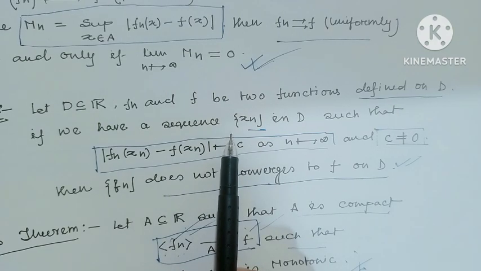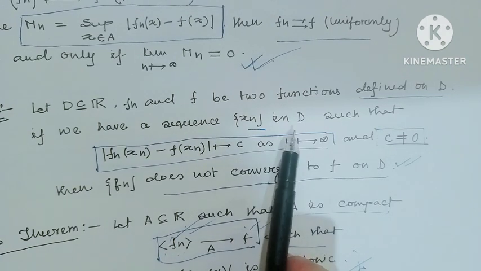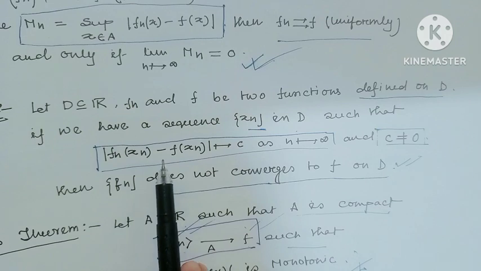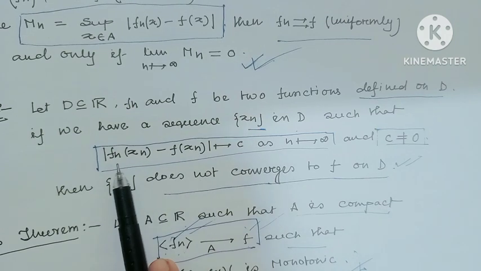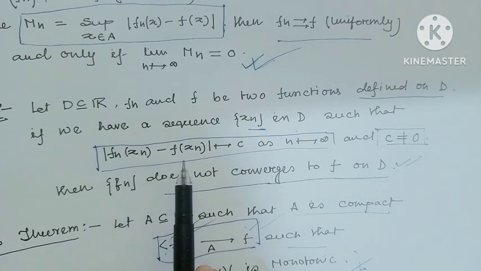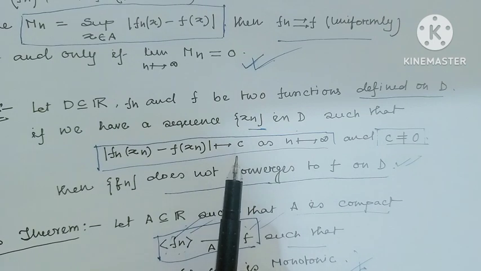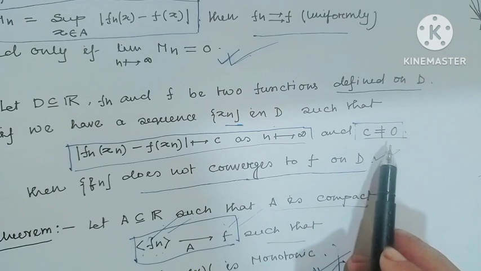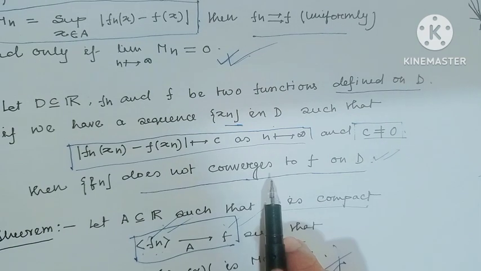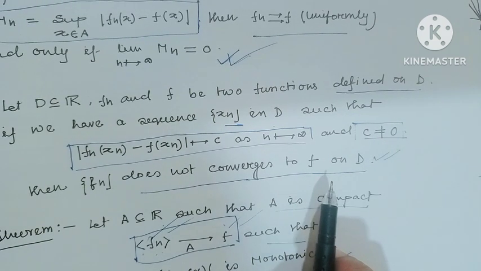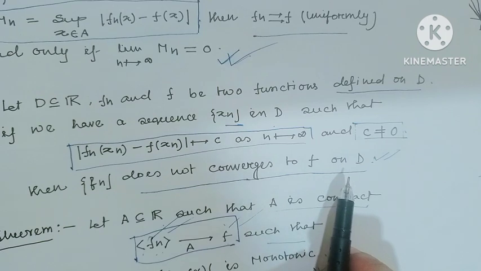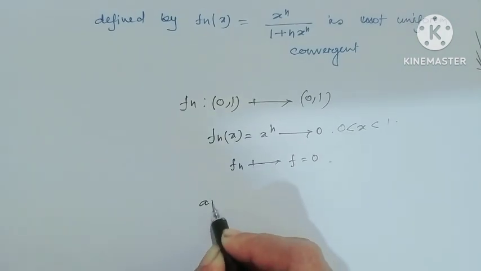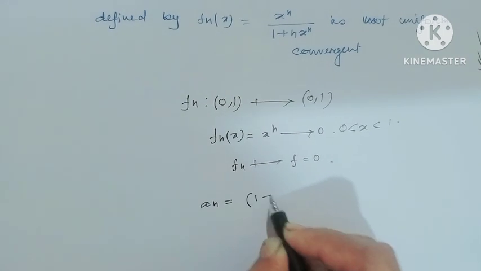If we find one sequence xn in the domain such that the absolute value of fn(xn) minus f(xn) tends to c as n tends to infinity, where c does not equal 0, then the sequence of functions fn does not converge uniformly to f on the domain D. Here I will actually use this rule. Consider the sequence xn equal to 1 minus 1 over n.